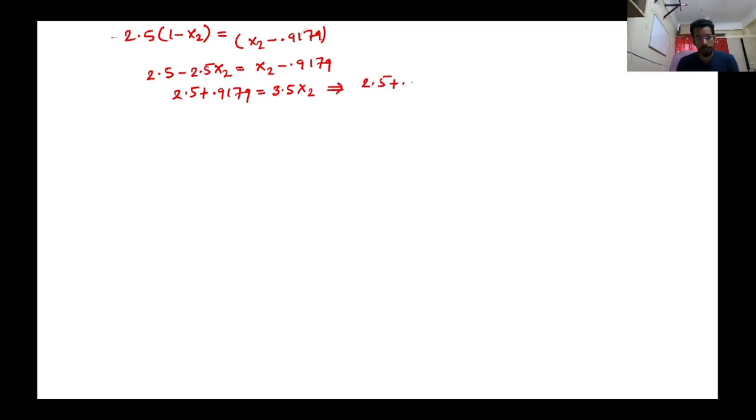So (2.5 plus 0.9179) upon 3.5 is equal to X2, which is 0.9765. So this is the final answer.